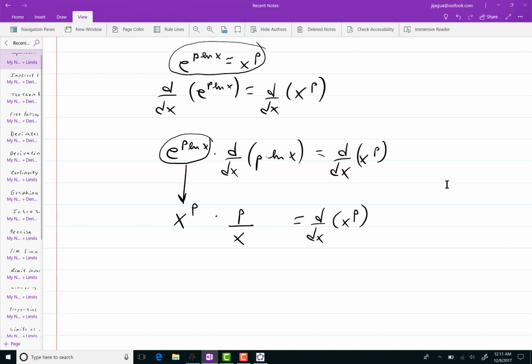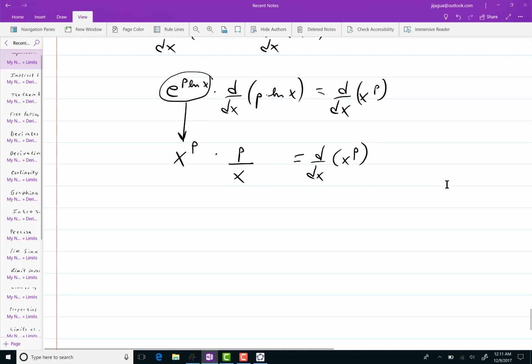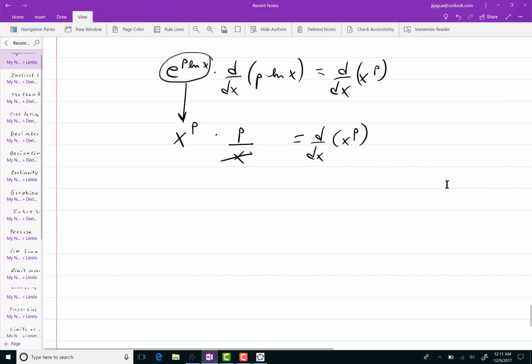So I have a formula for x to the p where p is any real number except 0. So d over dx of x to the p equals p x to the p minus 1 for any real number p.